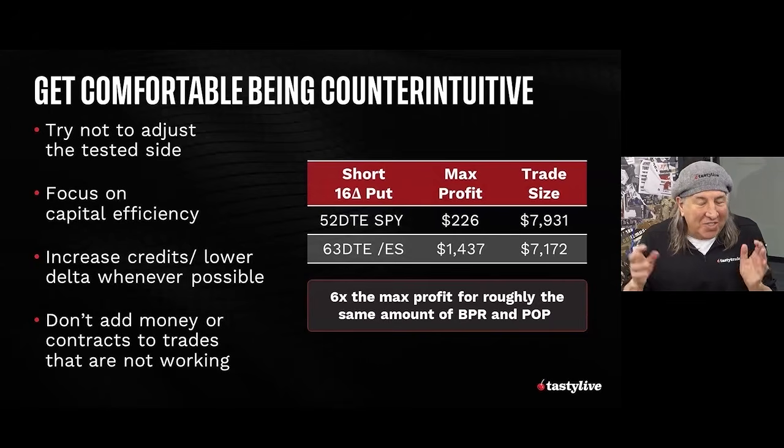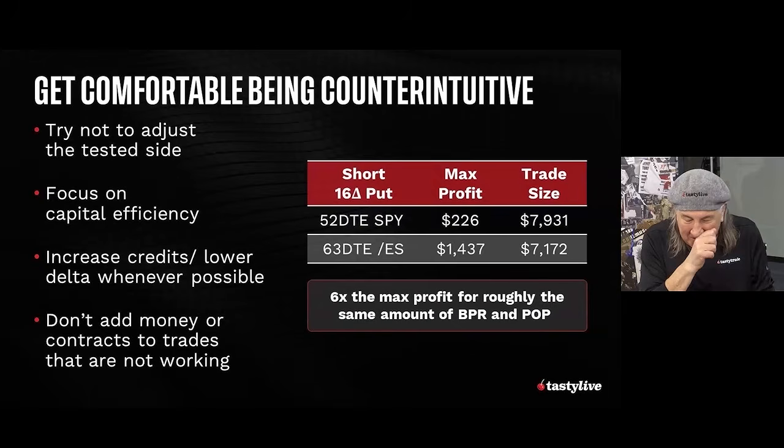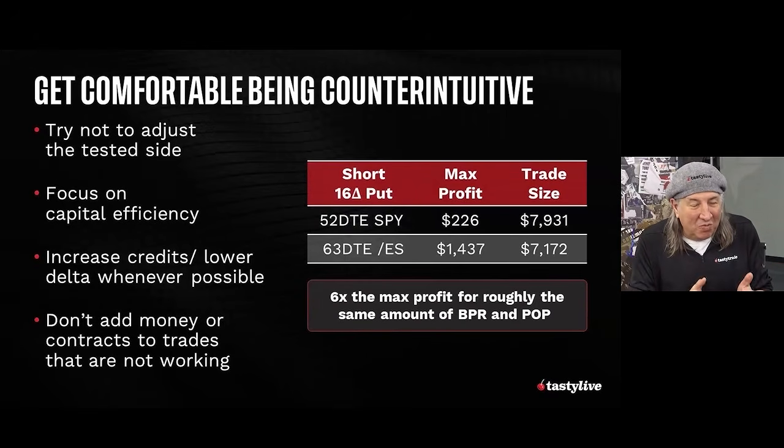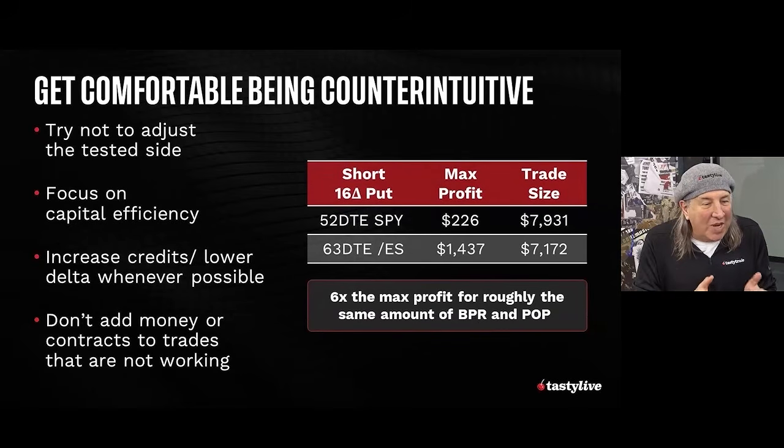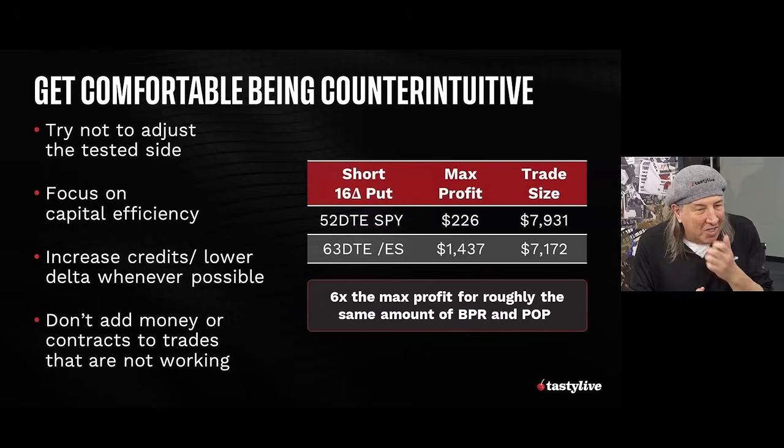I know positions go against us. I get it. Trust me, I've had millions of losing positions, literally millions of losing positions. So I get this. Increase credits whenever you can, which reduces risk, and lower delta when you can. And then don't add money or contracts to trades that are not working. If something's not working, okay, it's not working. It doesn't mean you have to close it.